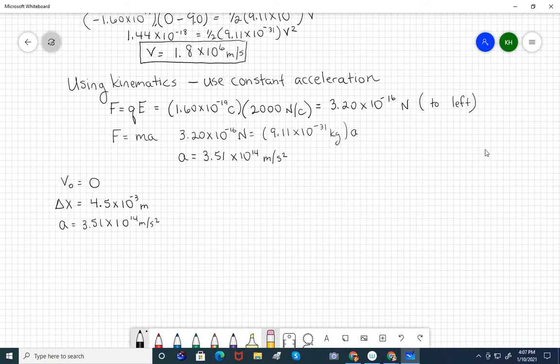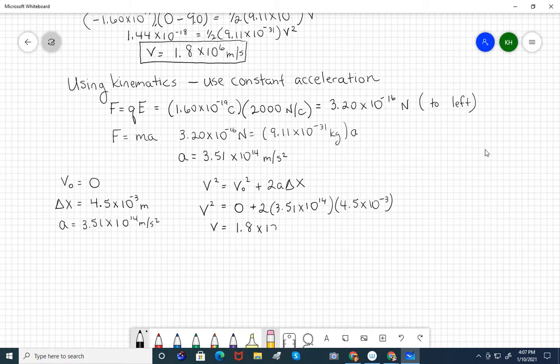We had a formula that said the final velocity squared is the initial velocity squared plus 2a delta x. That's 0, plus 2 times 3.51 times 10 to the 14th times 4.5 times 10 to the negative 3, and all of that has to equal v squared. I just multiply, take a square root, and that comes out to be 1.8 times 10 to the 6th meters per second.